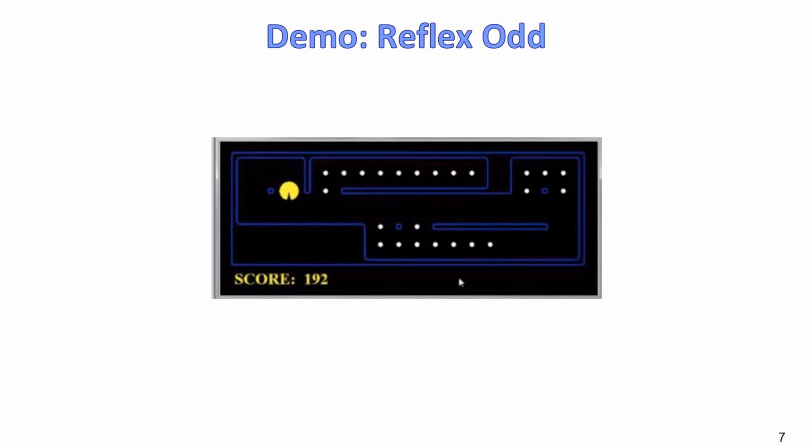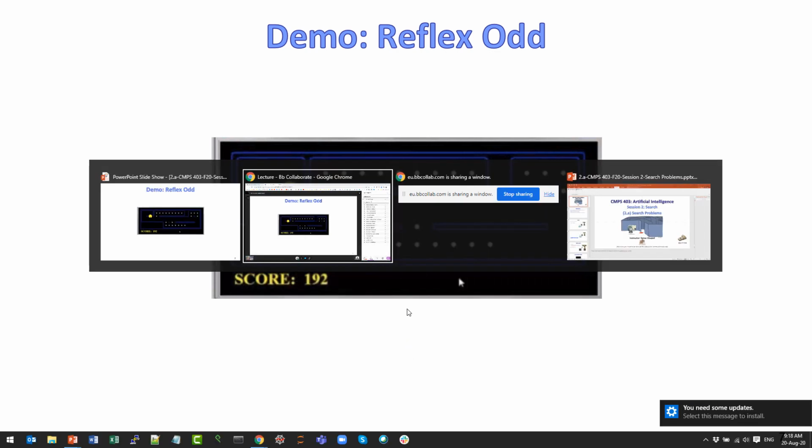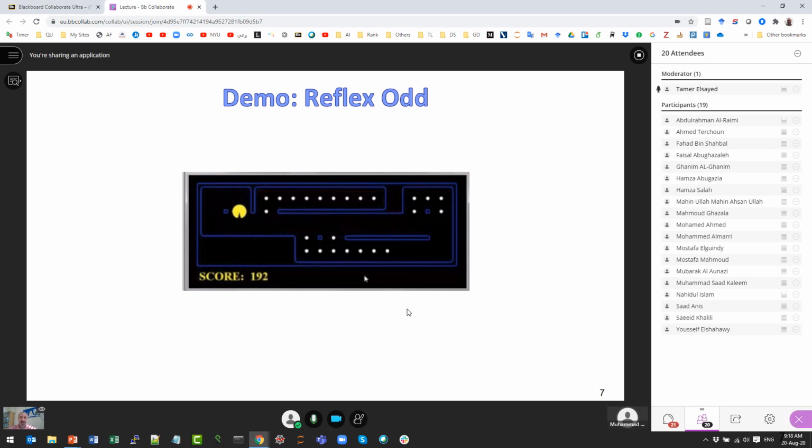So it takes the same decision again and again, which is not going anywhere because there is a wall. If it considered what can happen in the future, it would go around here and reach the dot. But because it's a reflex agent using this very simple strategy, it was stuck. So in this case, it won't be optimal at all, and it won't even reach any solution. Any question about reflex agents?